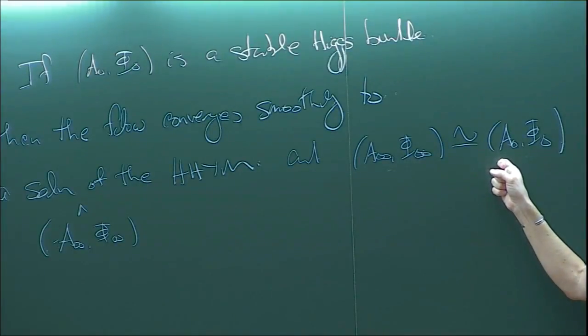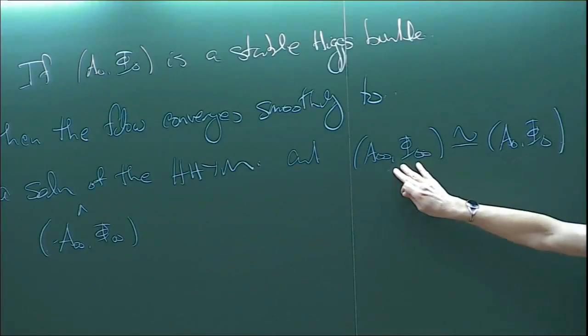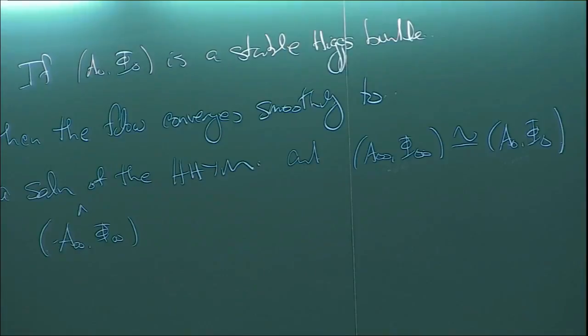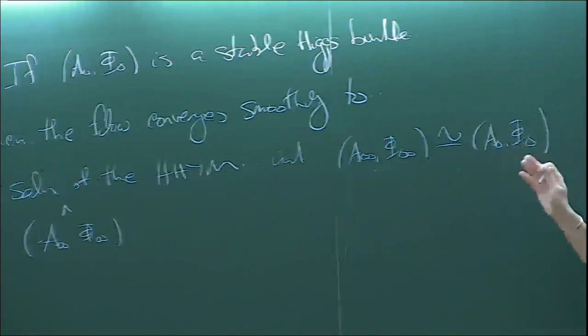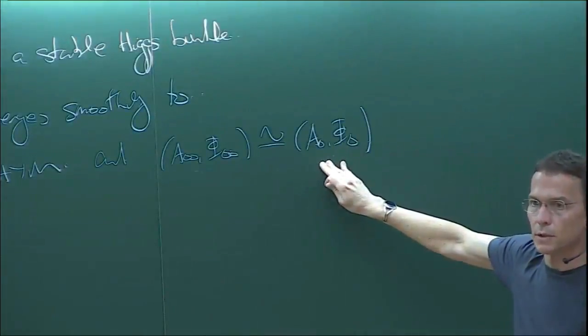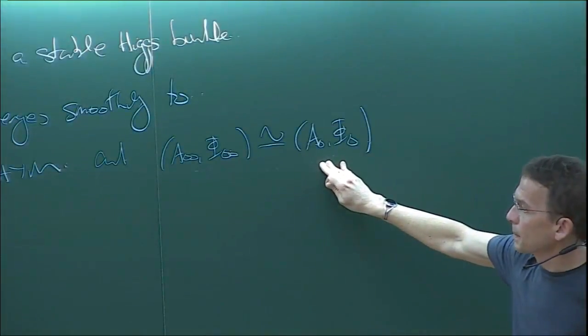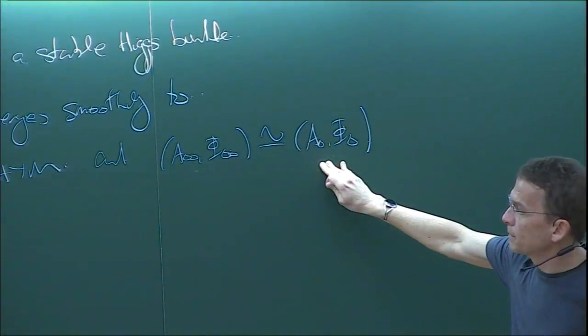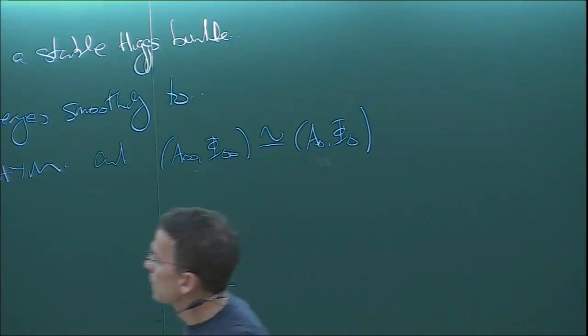Okay, so this is a point that I'm sort of sweeping under the rug here, but finding a solution to the Hermitian-Einstein equations in the limit that's isomorphic to the original bundle is the same thing as finding a metric on the initial bundle that solves the equations. So that's the theorem. So it's a little bit stronger statement than just saying that there exists a solution to the original equations. It's also saying something about the flow.